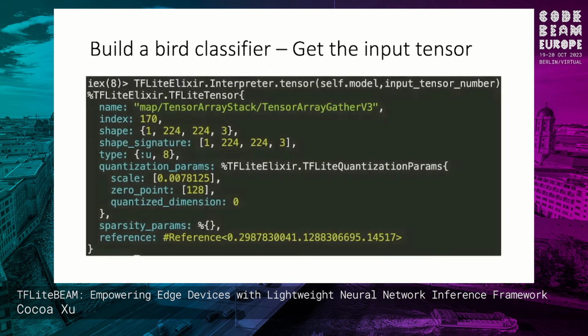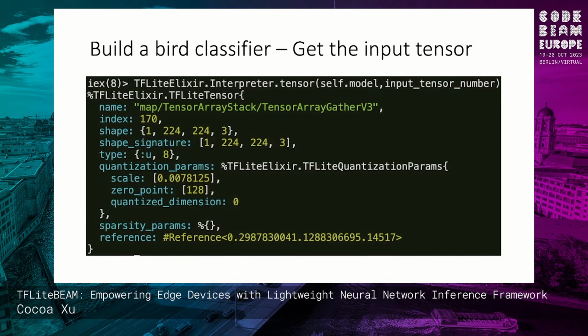So if you do that in IEx, an interactive environment for Elixir, then you will be able to see that this TFLite tensor structure contains those fields. It has name, its index, and the shape.